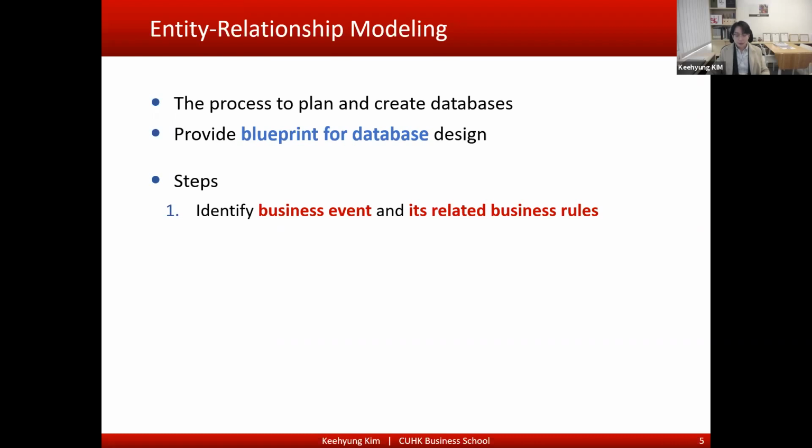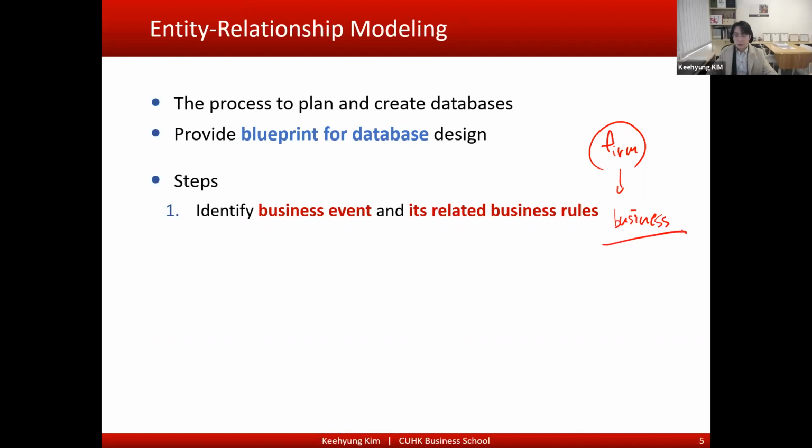So let's say that there is a firm, right? If you are a database designer, you will work in a firm or a company or an organization or institute or something like that. The firm or organization will operate some kind of business, right?